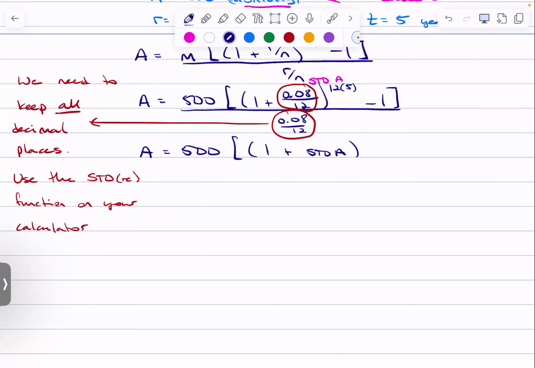But store in A, and then 12, I forgot to store in A. Store in A, there. 12 times 5 simplifies to 60 payments, then minus 1 over store in A. So here I'll highlight this because that's something you'll want to work on.